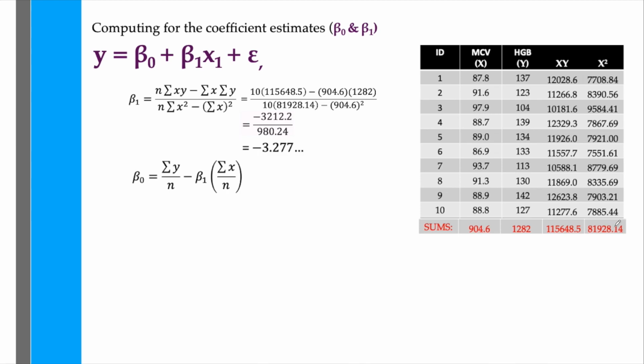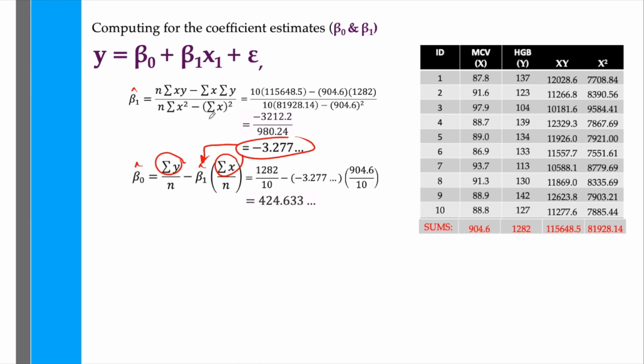Now, substituting those values, we have negative 3.277. Now, to get the y-intercept, all we have to do is to substitute the same sums and then include the value of the slope as beta sub 1 hat. So, substituting those values, we have 424.633.